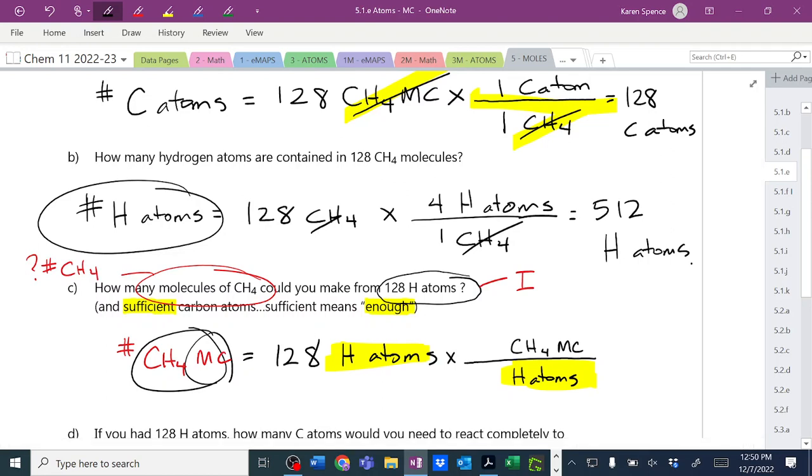What number has to go on the top and what number has to go on the bottom? 1 goes on the top and 4 goes on the bottom. And what do we get when we divide 128 by 4? We get 32 CH4 molecules.